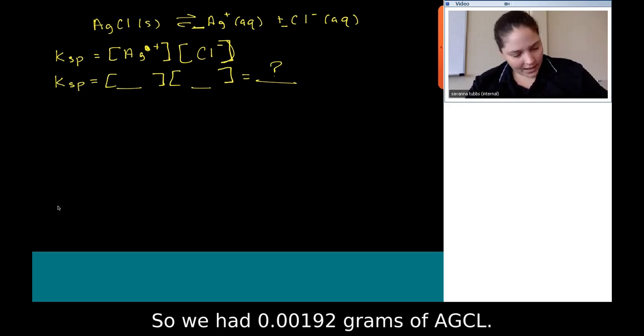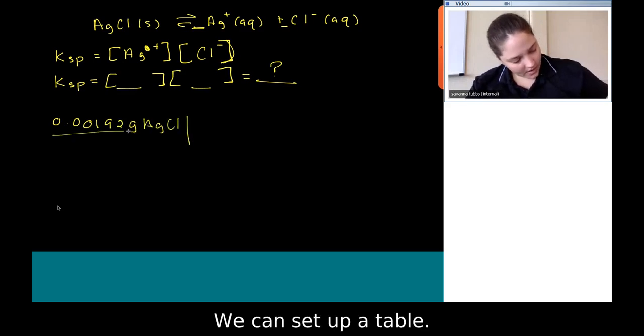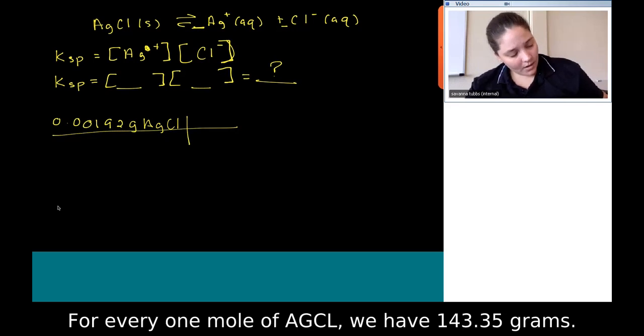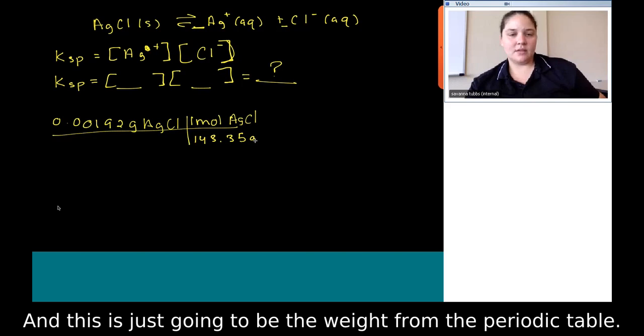So we had 0.00192 grams of AgCl. We can set up a table for every 1 mole of AgCl. We have 143.35 grams, and this is just going to be the weight from that periodic table.